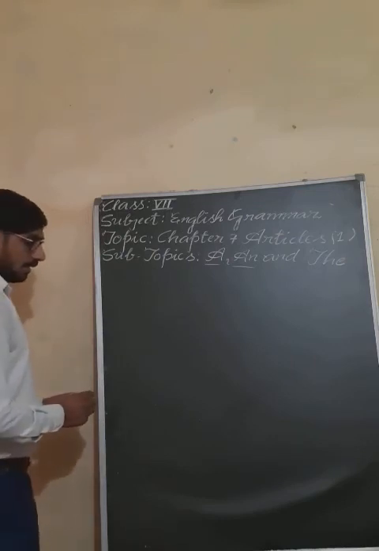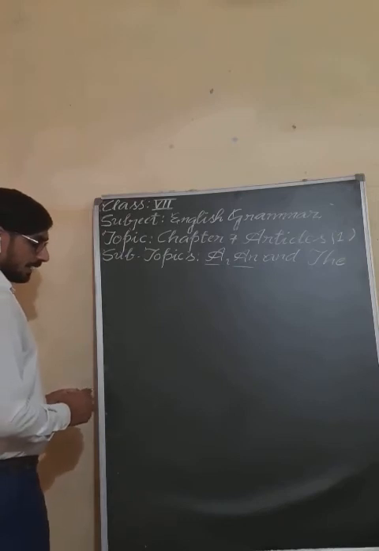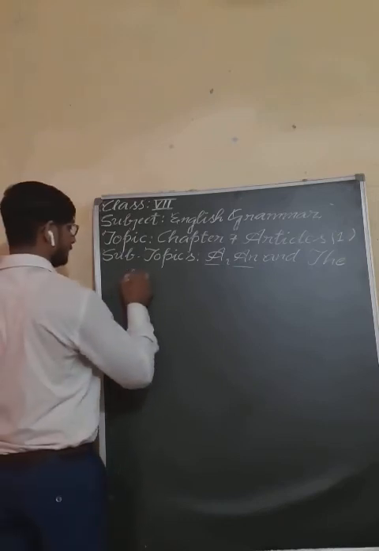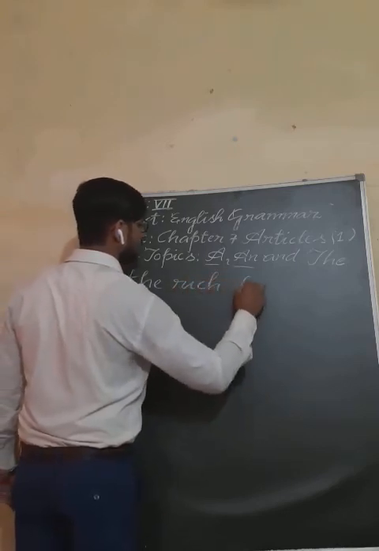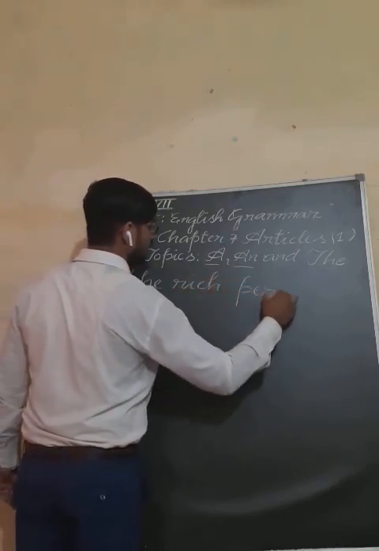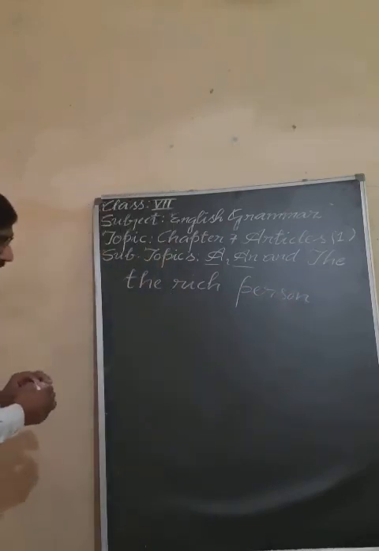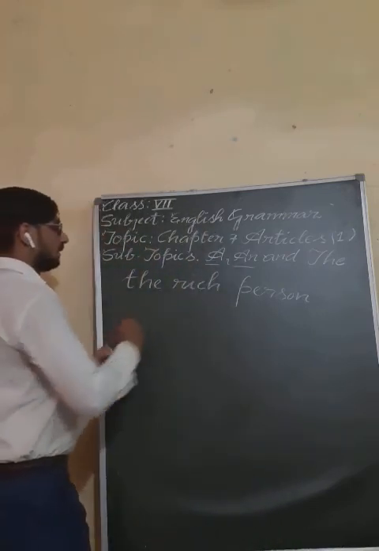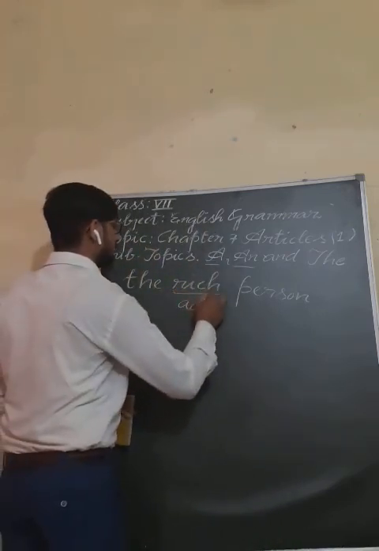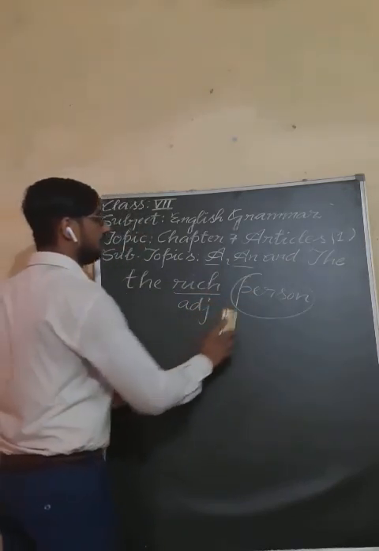Understand? We can also use the before adjectives. The rich person we are writing here, but without a noun. We can use the before adjective when there will be no noun. So no need of noun.